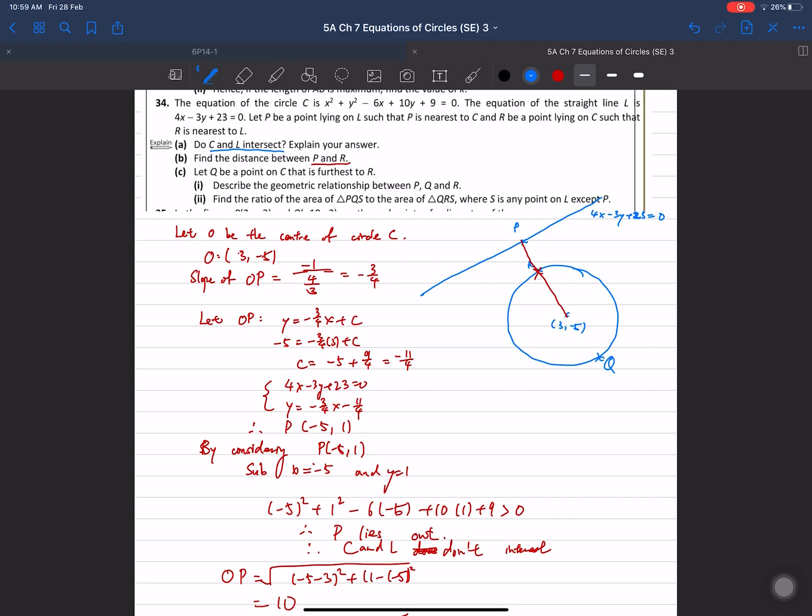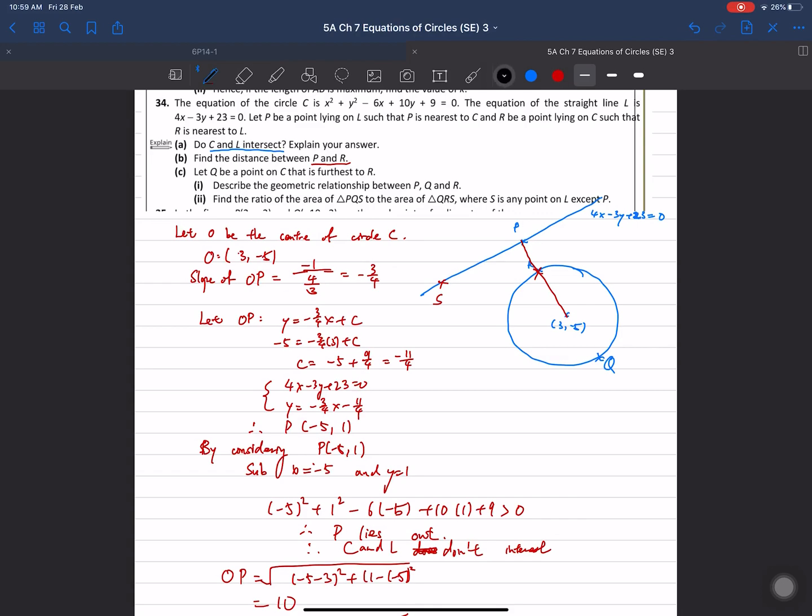What is the geometric relationship between P, R, and Q? They must be collinear. The last part, find the area ratio of PQS. S is a point on the straight line. That means assume S here.